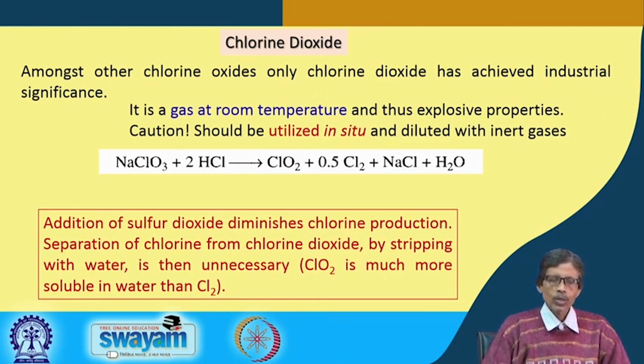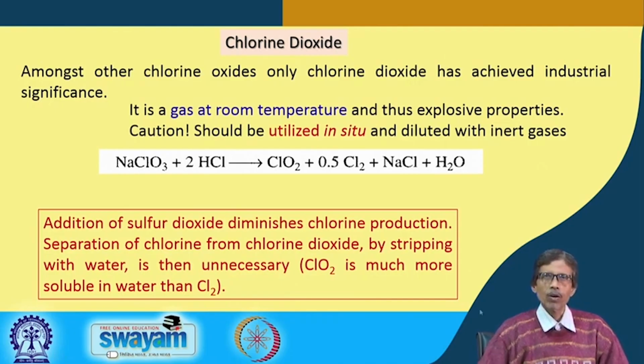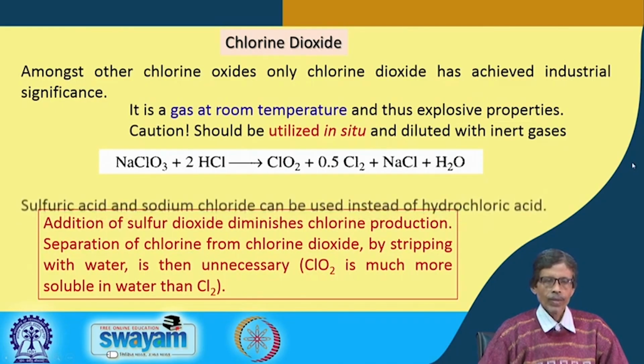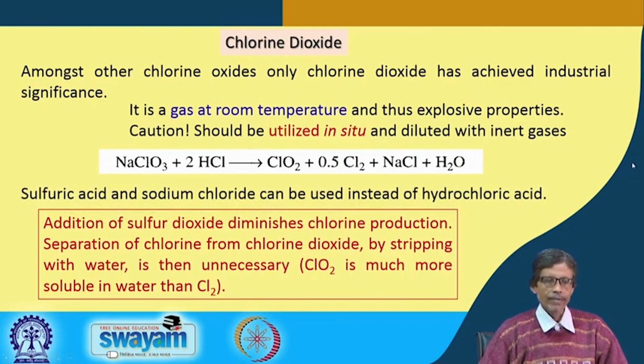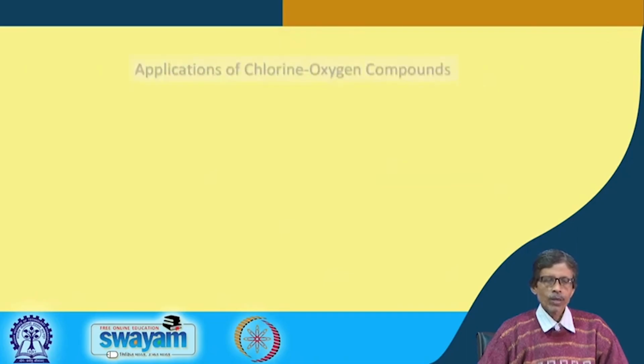So, we have to remove that process of using water for separation and purification of the chlorine gas, not the chlorine dioxide gas. Sulfuric acid and sodium chloride can also be used in place of HCl for this type of reaction for production of ClO2.